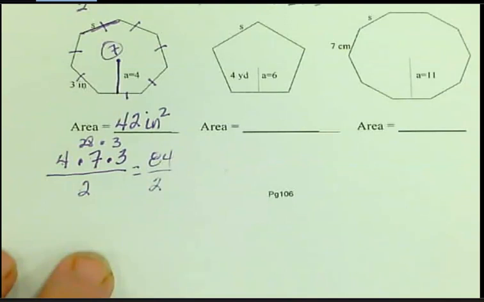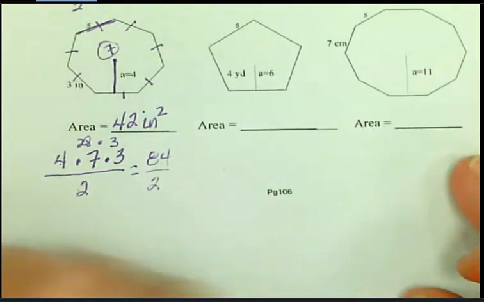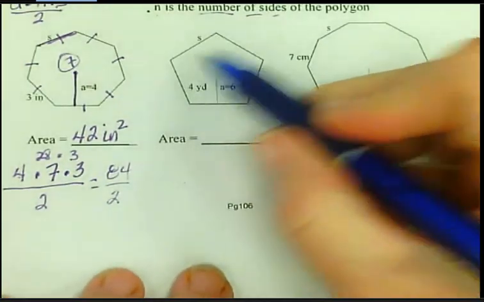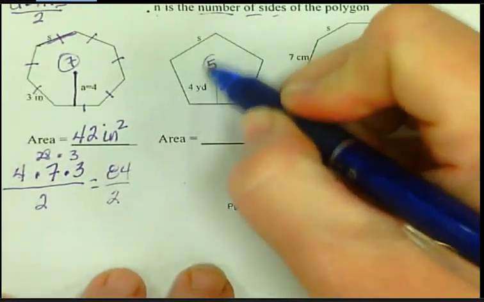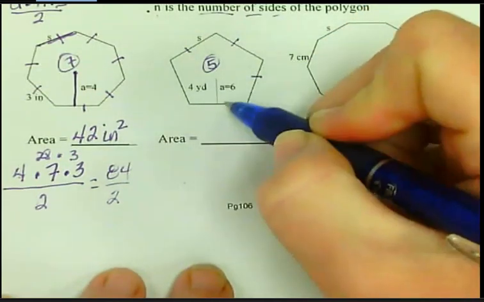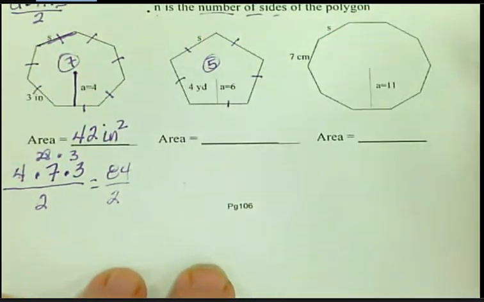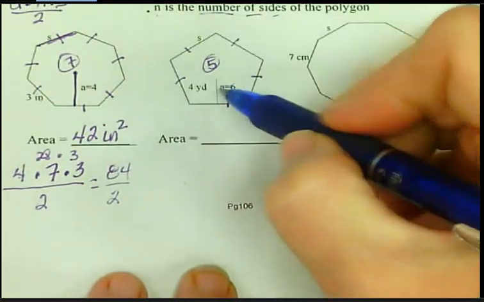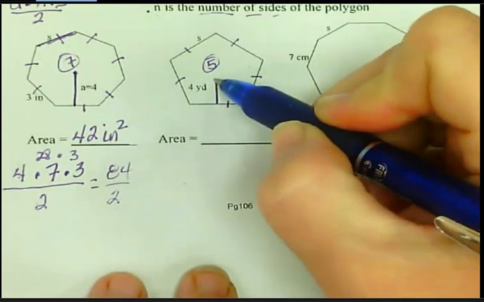Are you with me? So it's not that difficult. It's just a couple of extra steps. Not that big of a deal. Let's try this pentagon. All right, so we know that it's a pentagon. We've got 5 sides. 1, 2, 3, 4, 5. All right. Now, here's my A from the center.